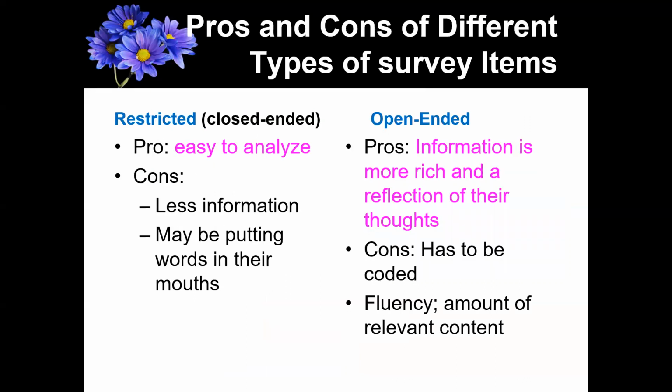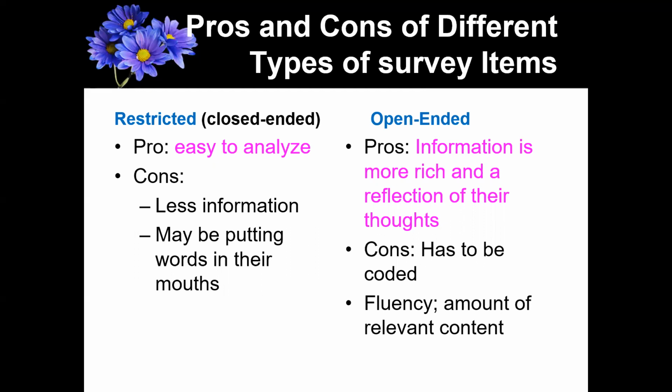One other thing that you have to account for if you use open-ended questions is fluency and the amount of content. When you provide an open-ended question, some people will write or type a lot more than others, and some people might be more fluent in what you're asking and have more to say about it.